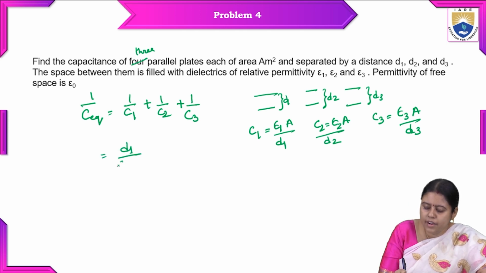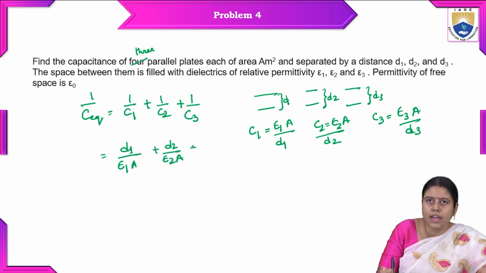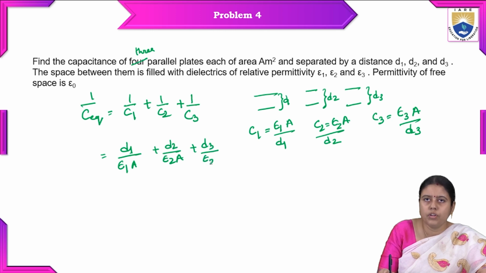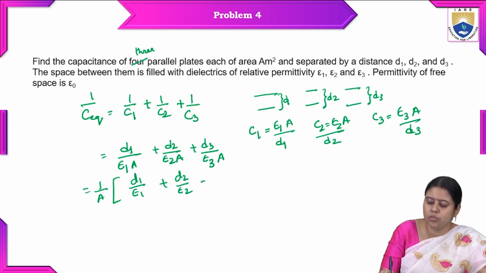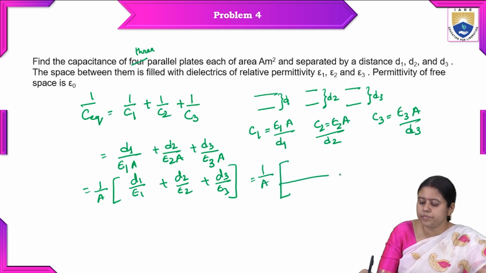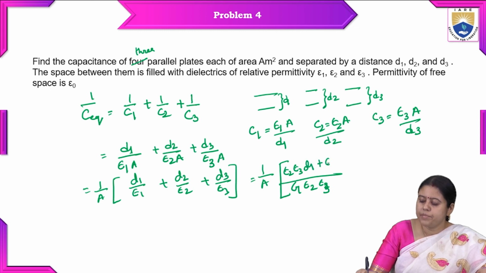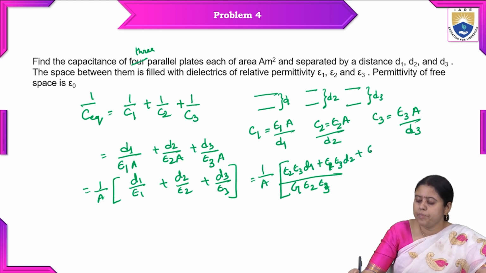So D1 by epsilon 1 A plus D2 by epsilon 2 A plus D3 by epsilon 3 A. If I take 1 by A outside, D1 by epsilon 1 plus D2 by epsilon 2 plus D3 by epsilon 3, is equal to 1 by A times epsilon 2 epsilon 3 D1 plus epsilon 1 epsilon 3 D2 plus epsilon 1 epsilon 2 D3 over epsilon 1 epsilon 2 epsilon 3.